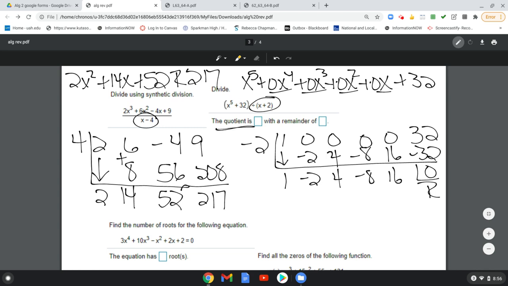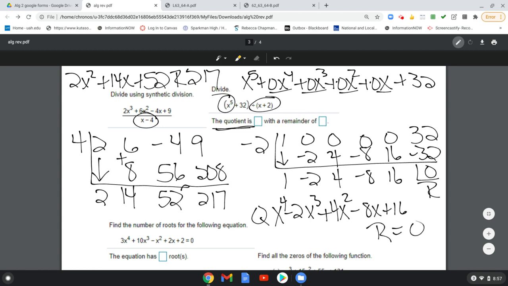So the quotient, remember, when you write your answer to a synthetic division, it always starts 1 degree less than the original problem. We had an x to the 5th, so I'm going to start my answer with x to the 4th. So x to the 4th minus 2x to the 3rd plus 4x squared minus 8x plus 16 with a remainder of 0.